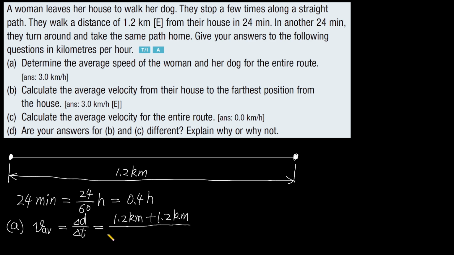And the total time interval is 0.4 hours plus 0.4 hours. And this equals 3 kilometers per hour.